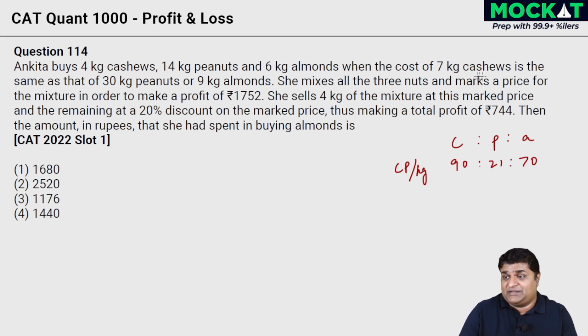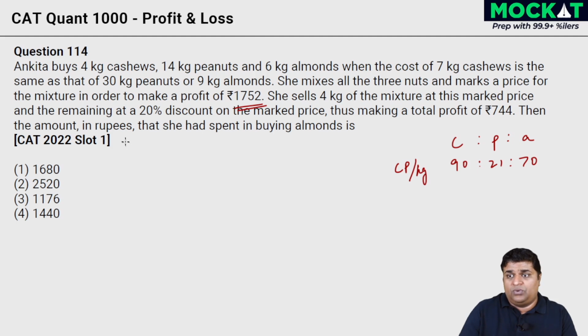Now she mixes all 3 nuts and marks up the price for the mixture in order to make a profit of 1752. What's the total quantity? 4 plus 6, 10, 10 plus 14, 24. From these 24 kg, she initially marks a price intending to make a profit of 1752 rupees by selling all 24 kg.